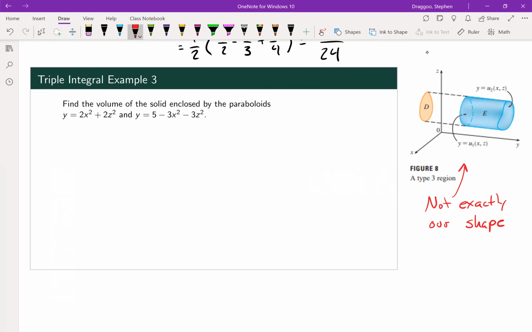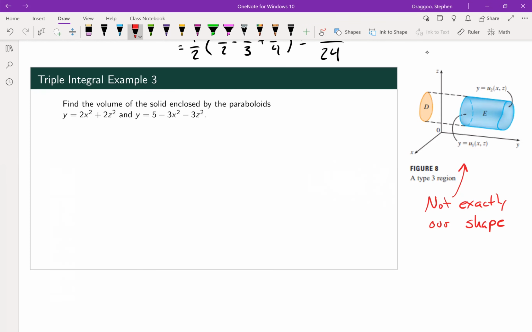In the diagram, there's just some generalized region E that's being projected into the XZ plane to find an area region D rather than a solid volume E. So if we project E into the XZ plane, we can then first do a single integral over Y and then have a double integral on a region D, which we'll just fall back on methods that we've already looked at.